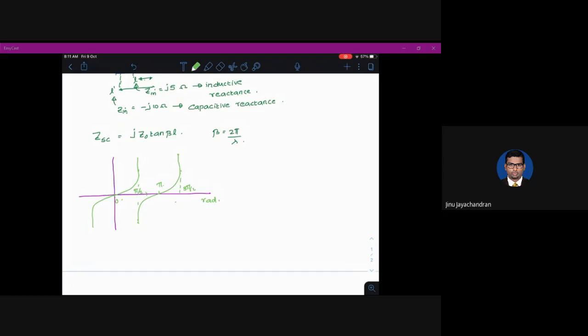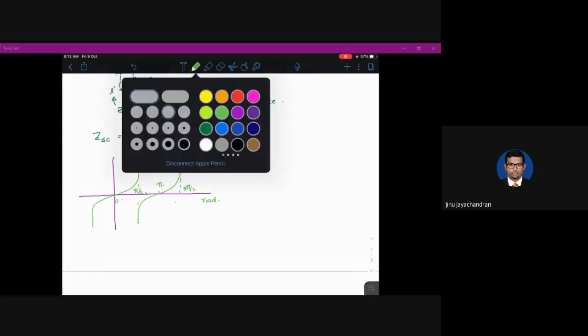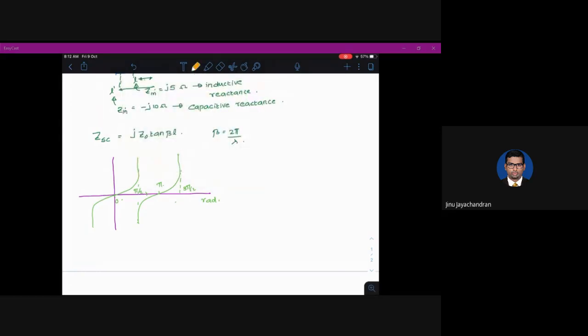So when your value of beta L is between this range, the value of tan is positive. And if it is between this range, the value of tan is negative. So when will this range happen?